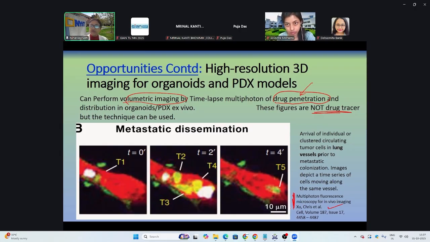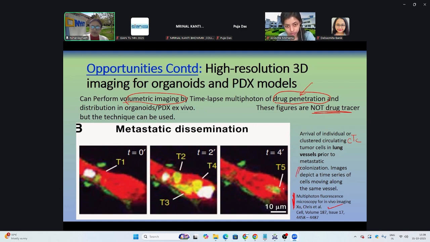And what it is showing you is circulating tumor cells, CTCs, that are in the lung vessels. It's not a blood vessel, but, yeah, it must be a blood vessel. Lung vessels prior to becoming metastasis.